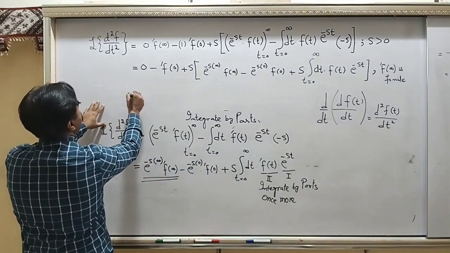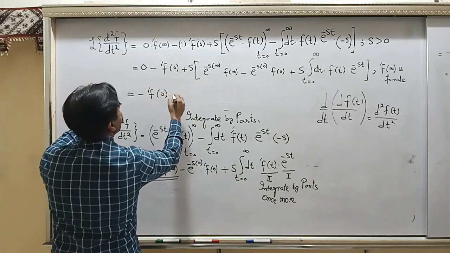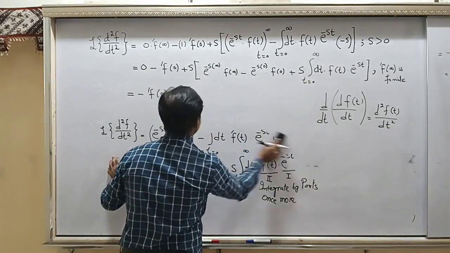Okay, now you have minus f prime 0 plus s here.